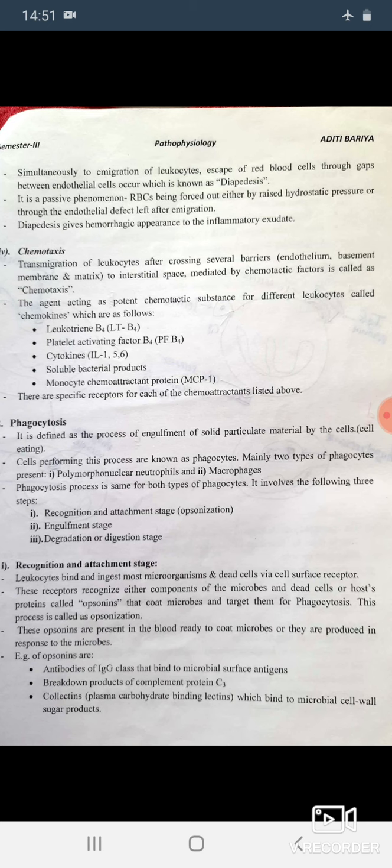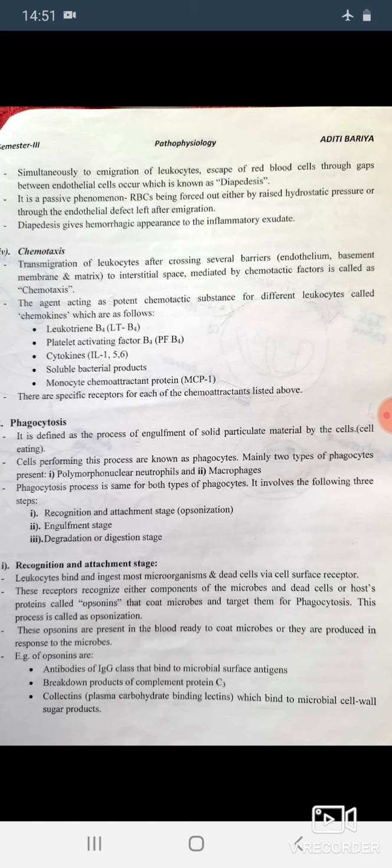So monocytes have two names. When they are present in the blood vessel, they are monocytes. When they are present in the interstitial tissue, they are macrophages. Okay. So the process of phagocytosis is similar for both these cells.